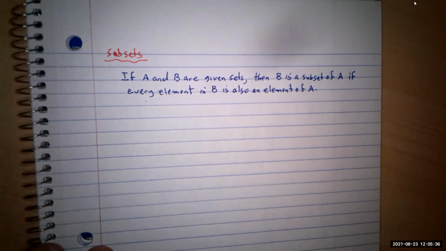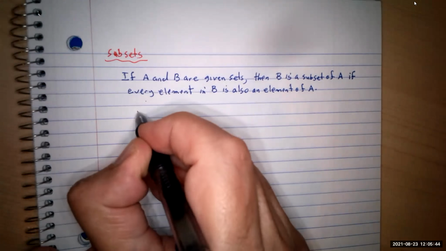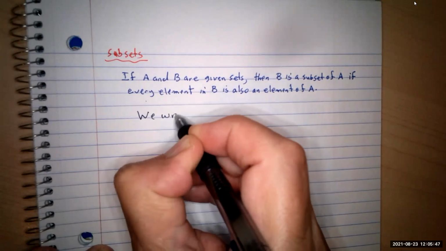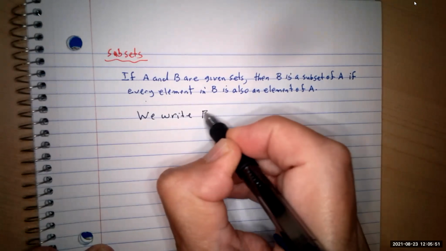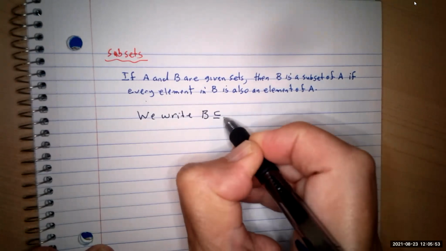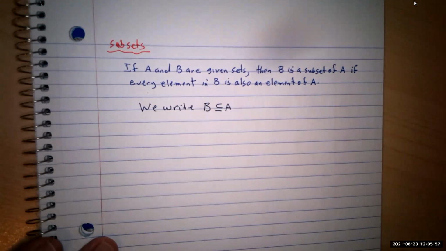The notation that we're going to use is this one. We write B is a subset of A. We write this with equality allowed because B can be equal to A, so A is a subset of itself, if you like.